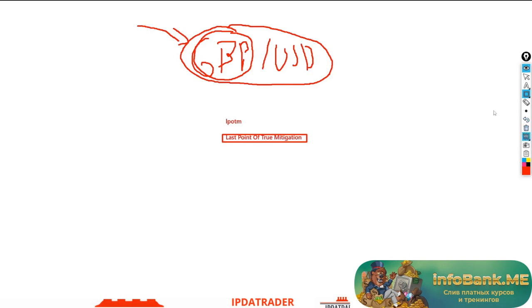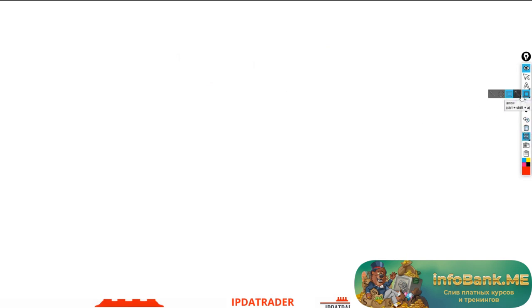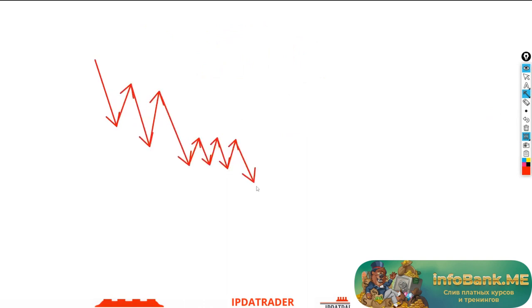And for that, let me remove all this and let's now draw a potential bearish trend, right? So this is a bearish trend. We can all agree that price is pushing down. And what is the last point of true mitigation? Well, it's pretty simple to understand, right? Each and every single time you have a break in market structure, your eyes should be instantly magnetized to the origin of that break, right?